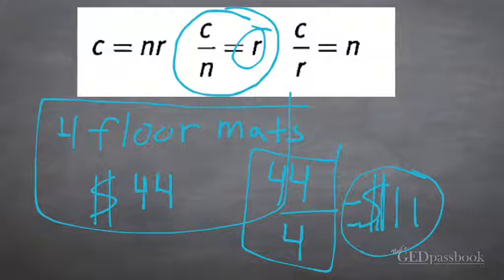The total amount of the bill came out to $44. You should know that the C, total cost, is whatever the bill is. So you'd be able to distinguish your C, your N, and your R. But it's your job to know what they're asking for. What are they giving you, and which one do you need to use? Which of these formulas do you need to use to answer the specific question?